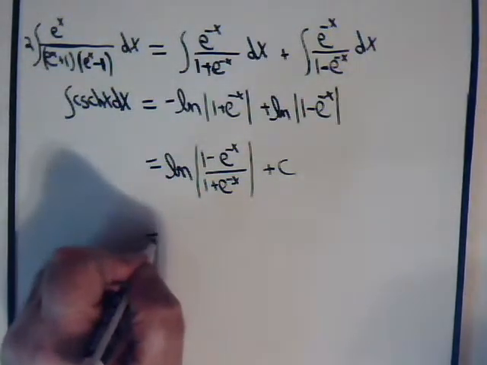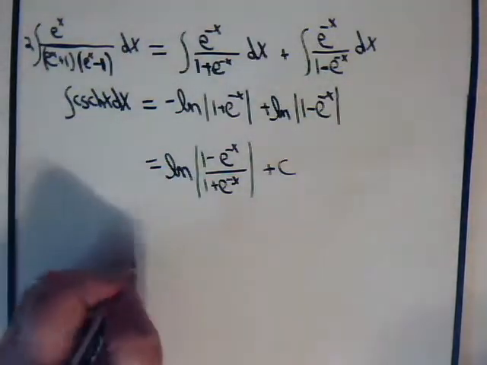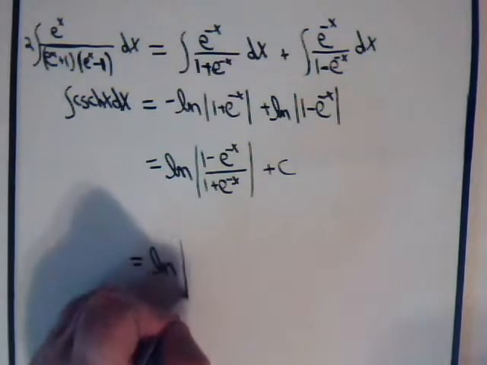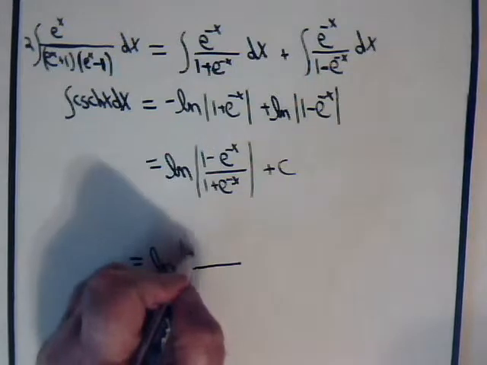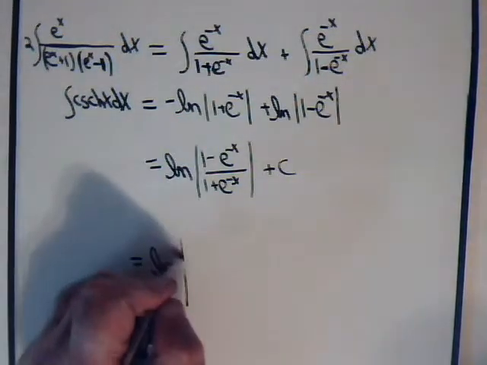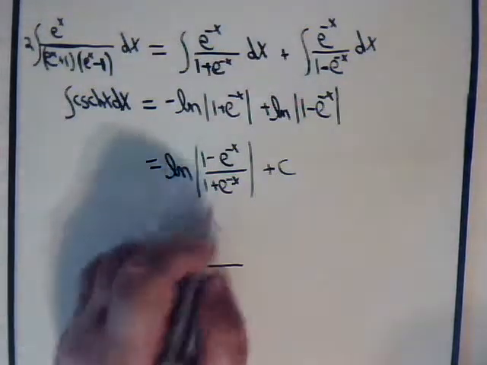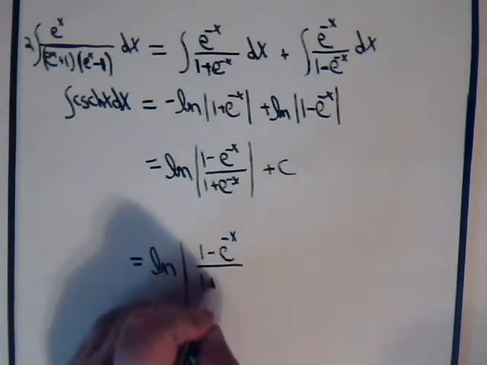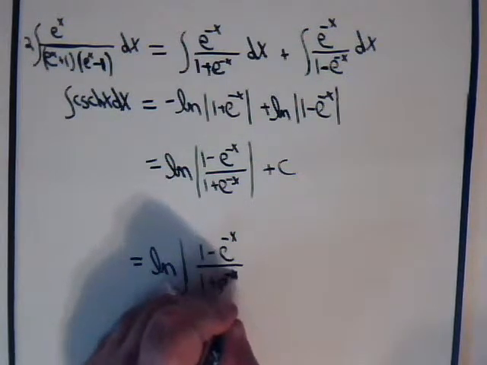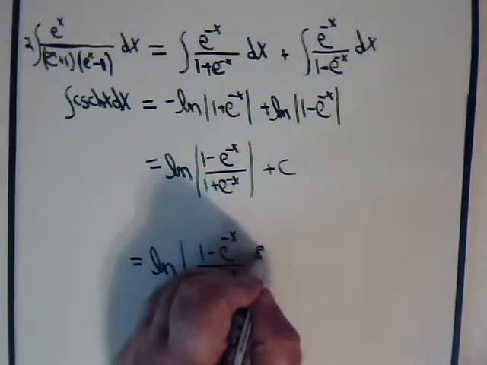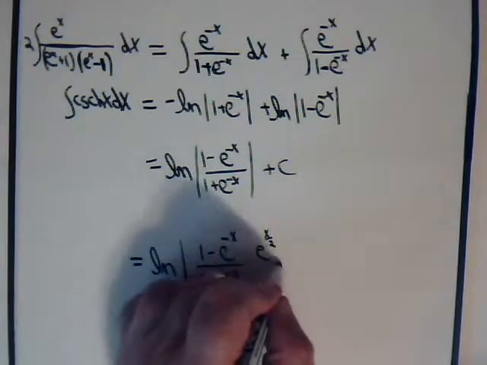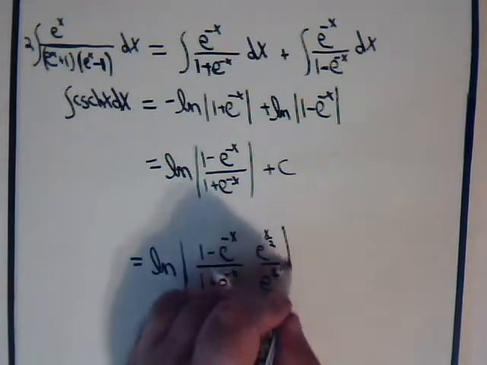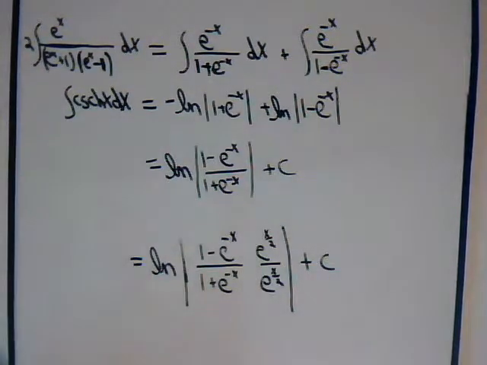This would be equal to the natural log of 1 minus e to the minus x divided by 1 plus e to the minus x multiplied by e to the x over 2 divided by e to the x over 2 plus an arbitrary constant.